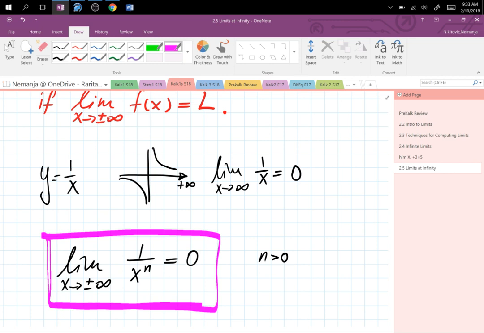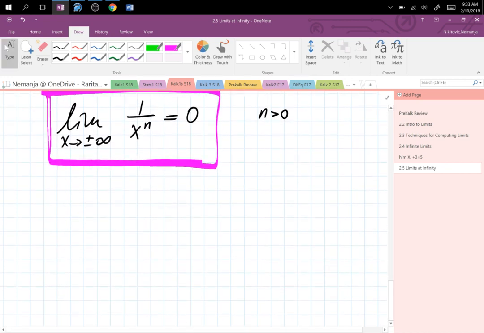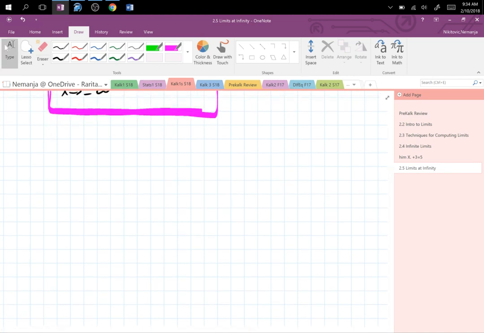So that's the notion of the horizontal asymptote. At infinity, the function has to approach that value. So now we can go and consider a whole bunch of problems trying to figure out where these asymptotes are.